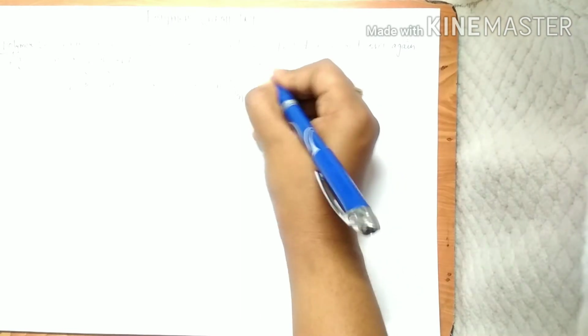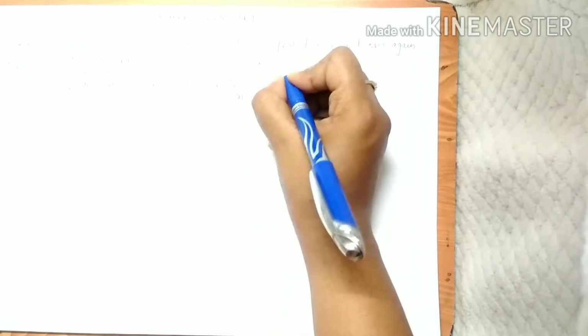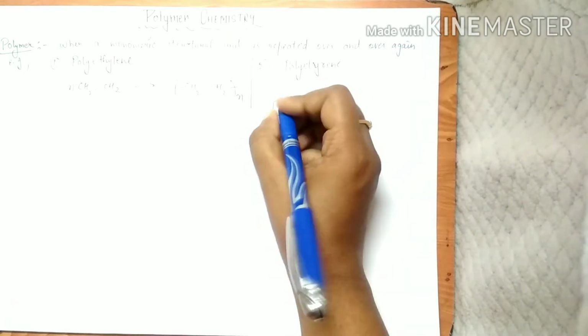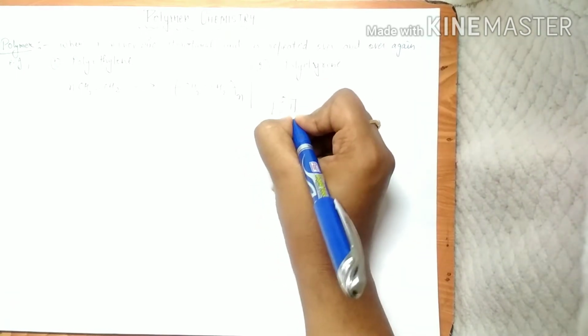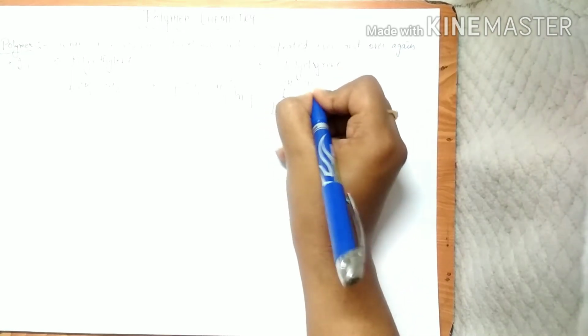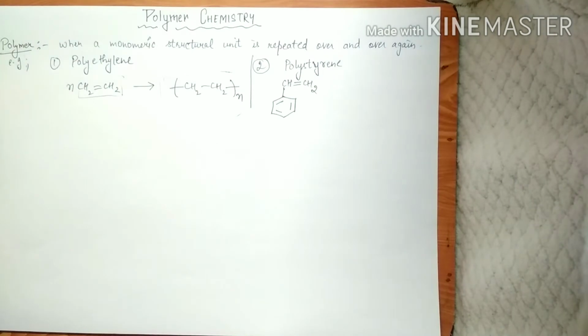And second example could be your polystyrene. Styrene is this compound. This is your styrene.